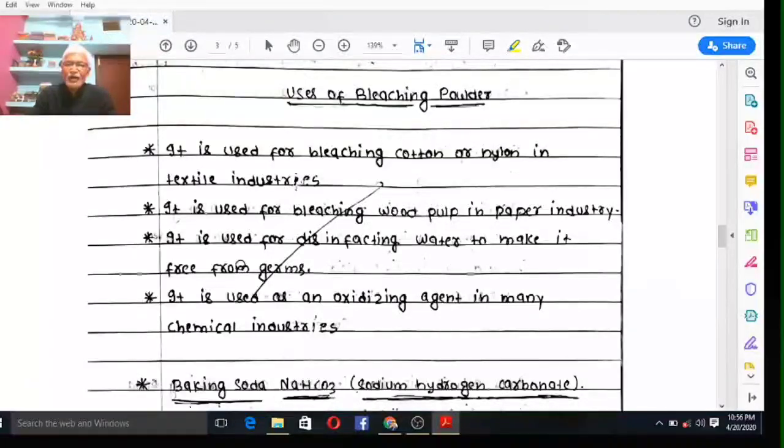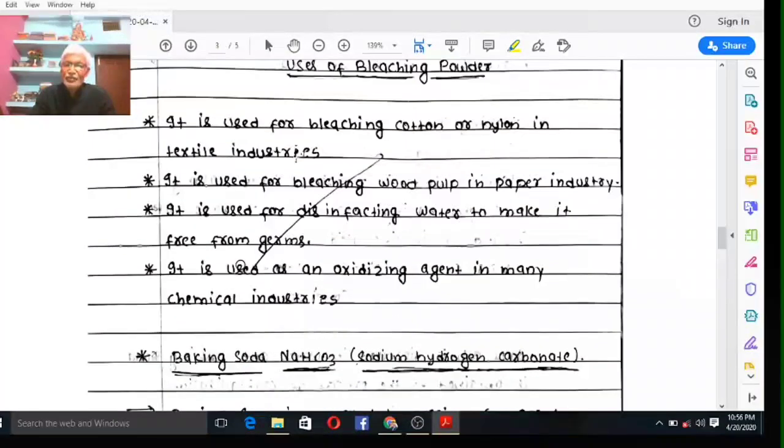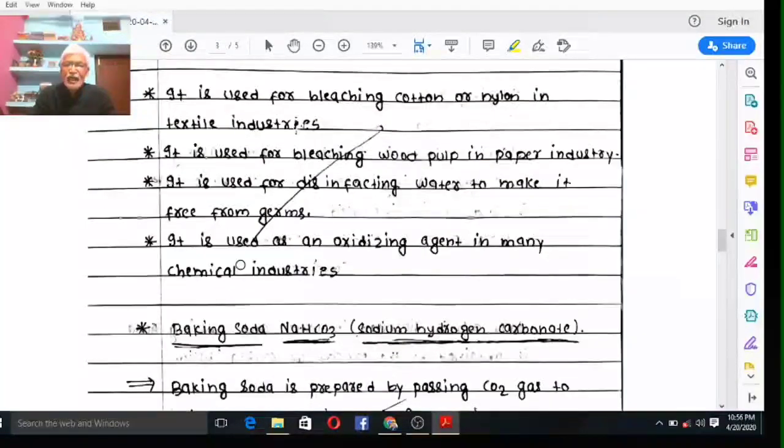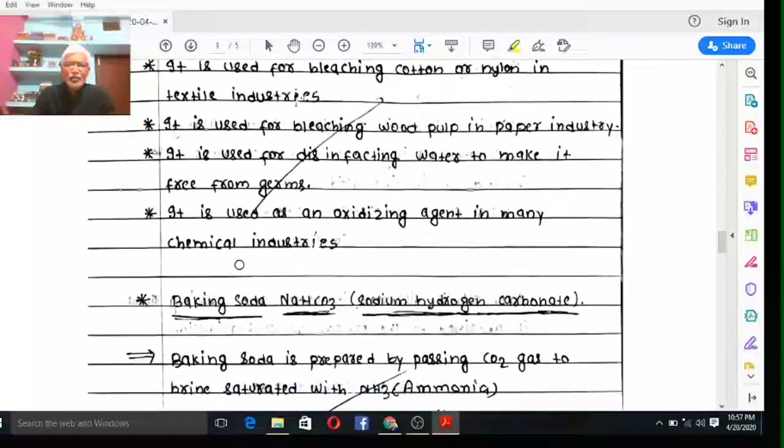It is used for bleaching cotton or nylon in textile industries. It is used for bleaching wood pulp in paper industries. It is used for disinfecting water to make it free from germs, and it is used as an oxidizing agent in many chemical industries. These are the uses of bleaching powder.